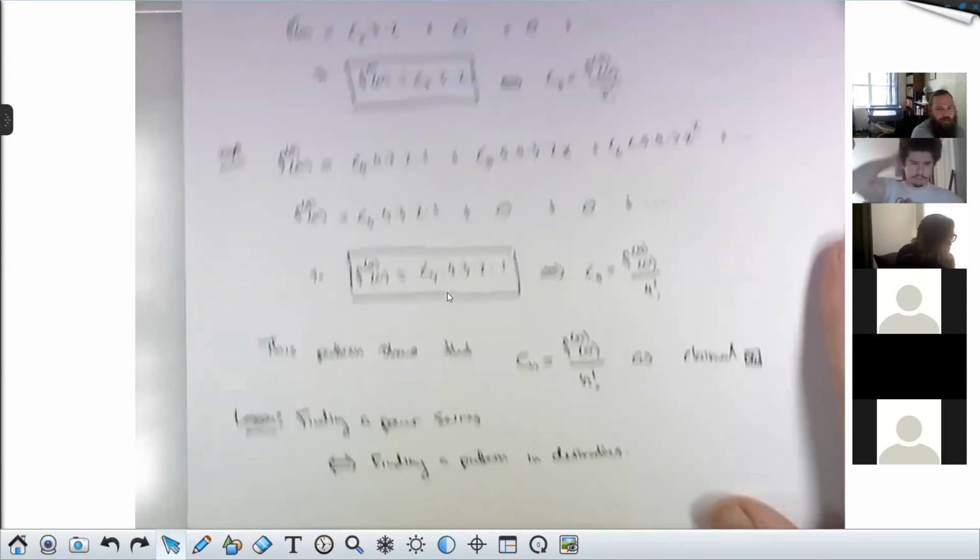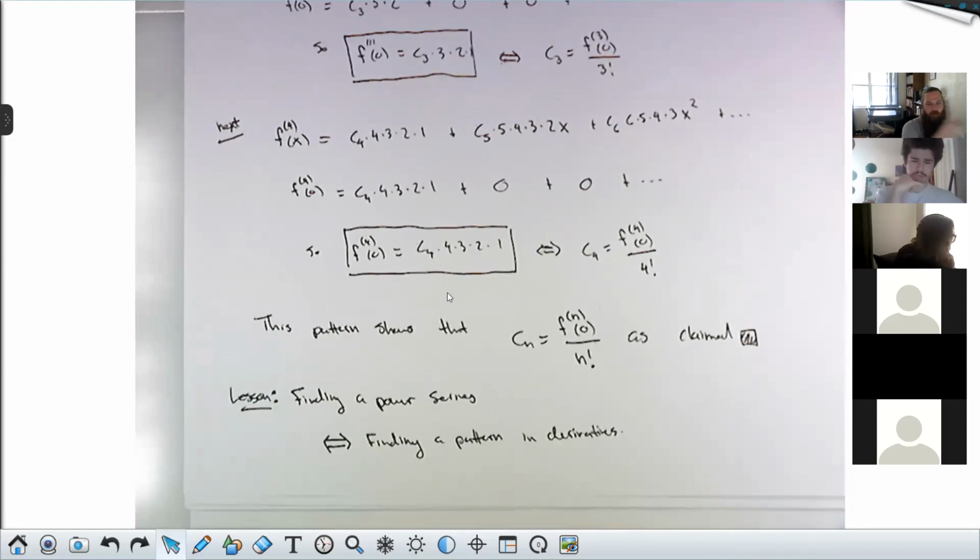If you can tell me what the nth derivative of a function is, then I can tell you a power series for that function. And conversely, if you can tell me a power series for that function centered at A, then I can tell you what the nth derivative for that function is evaluated at A. It's a beautiful thing.